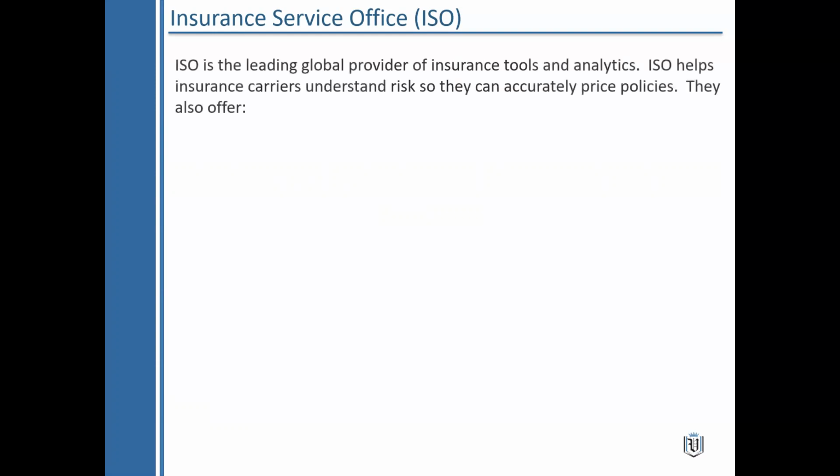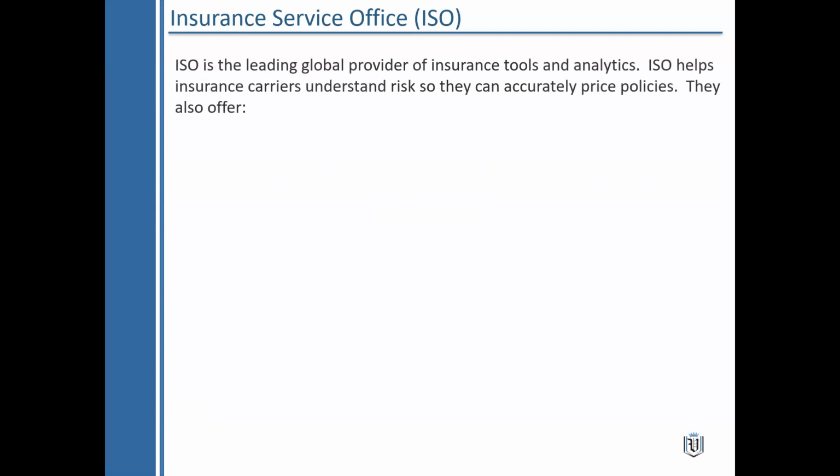I first want to lay some groundwork, because in some of the comments we saw, hey, does Flip do this? Does it do that? If it does this, I can go elsewhere. So there was a little misunderstanding of how insurance works. There's an organization called the Insurance Service Office, or ISO for short.